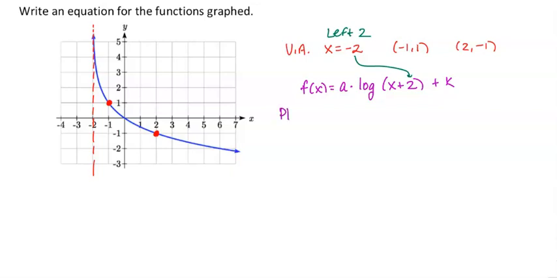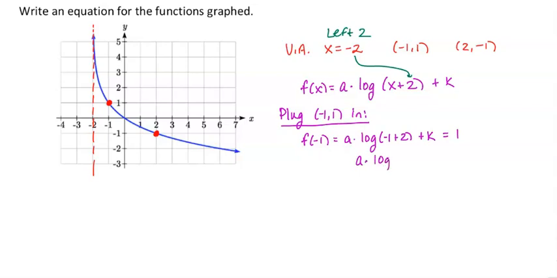First, I'm going to take my point and plug it into my function. I'm going to evaluate my function at f of -1. Everywhere I see an x, I'm going to replace that with a -1. So a times log of (-1 plus 2) plus k, my point tells me this should be equal to 1. So I have a times the log of 1 plus k is equal to 1.